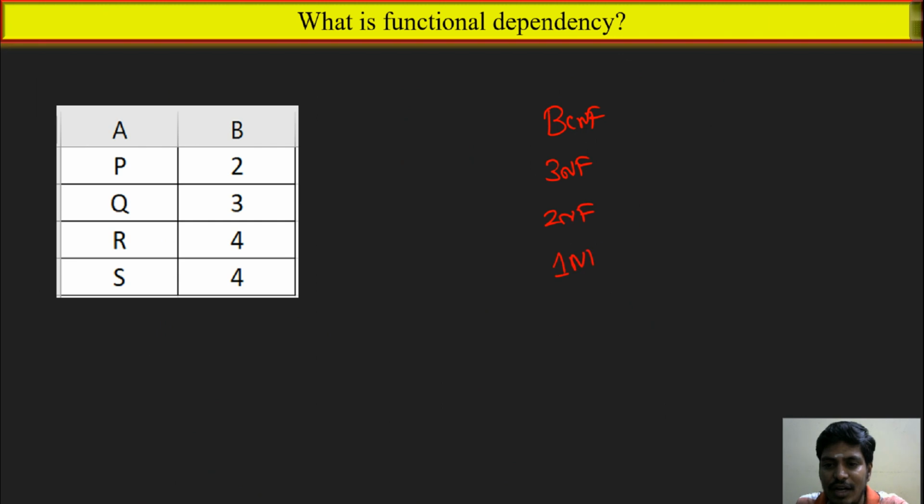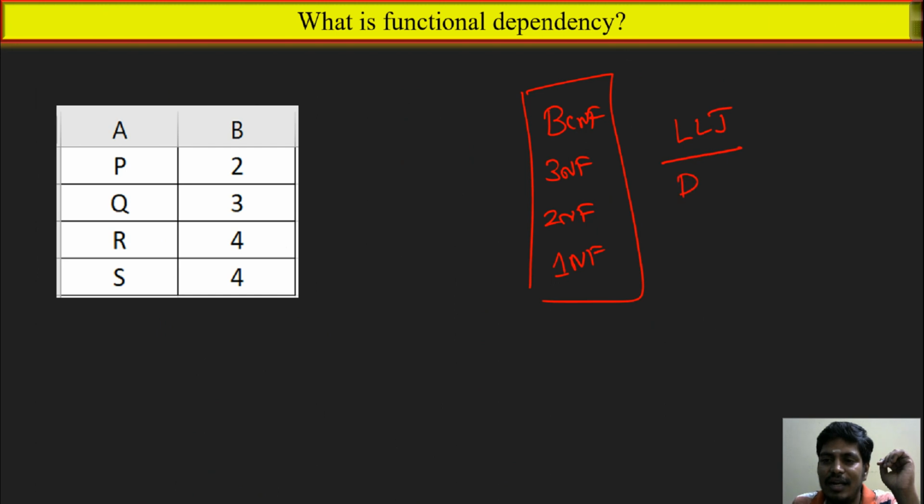They will be giving you a relation and we have to determine in which normal form that relation is. And then we are going to discuss the concept called lossless join dependency and dependency preserving. These are two important properties of normalization. And then we are going to discuss one more concept called minimal cover.